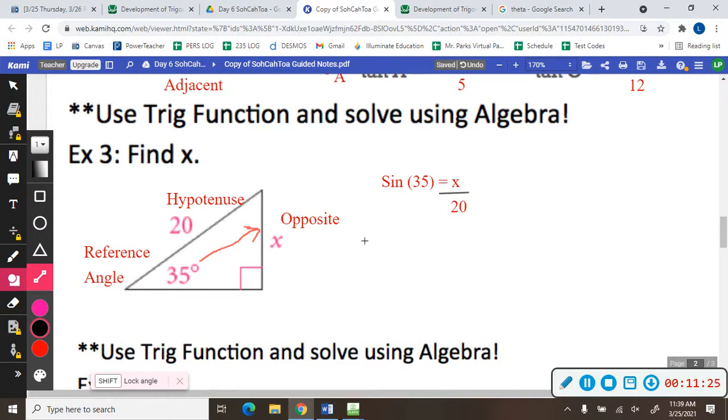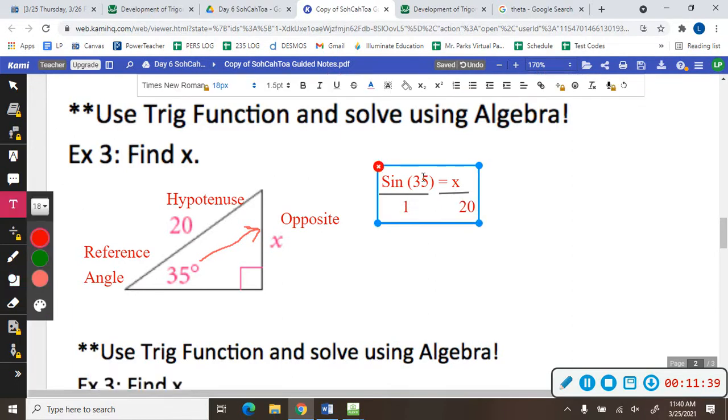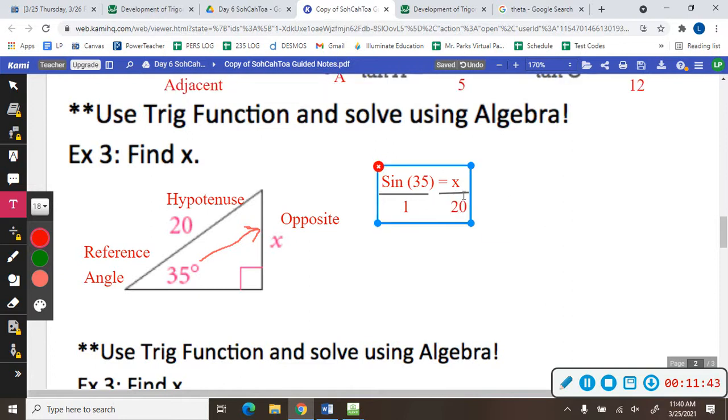So that's my ratio. From here, we can use proportions to solve this. You can put this over 1. And then we could cross multiply.